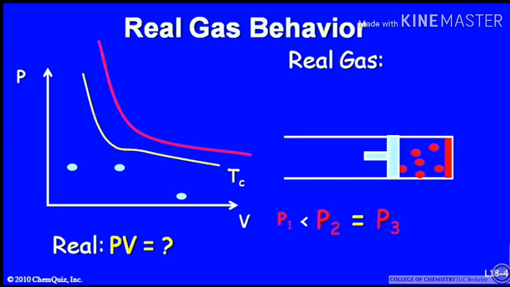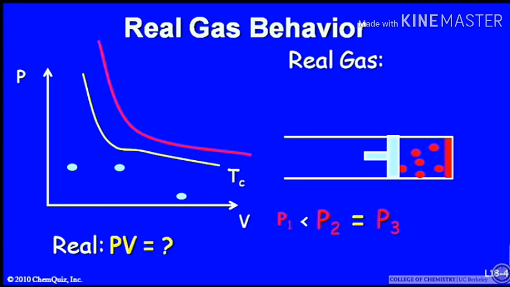How do I decrease volume and not increase the pressure? I cannot change the temperature. We are on an isotherm, so the only other parameter left is the number of particles. But this is a fixed cylinder. How do I decrease the number of particles in the cylinder?